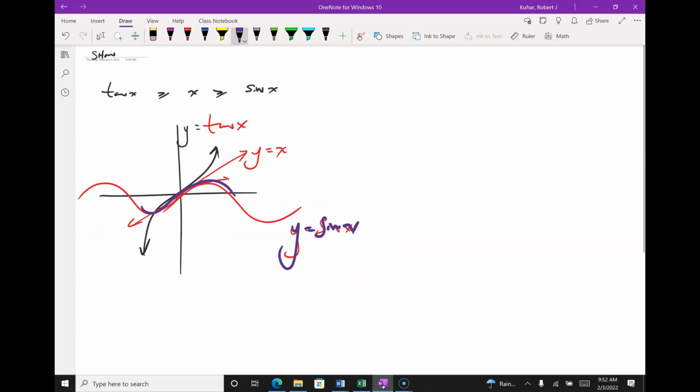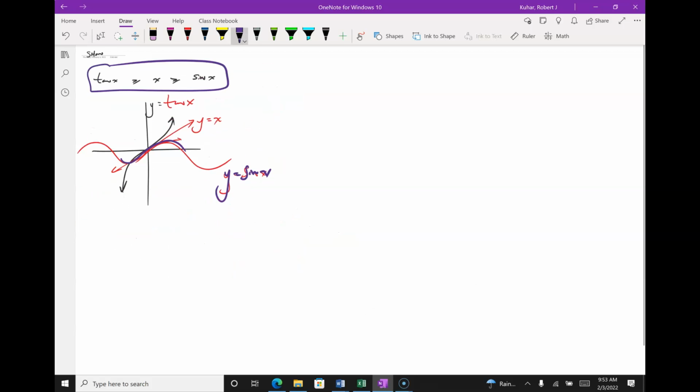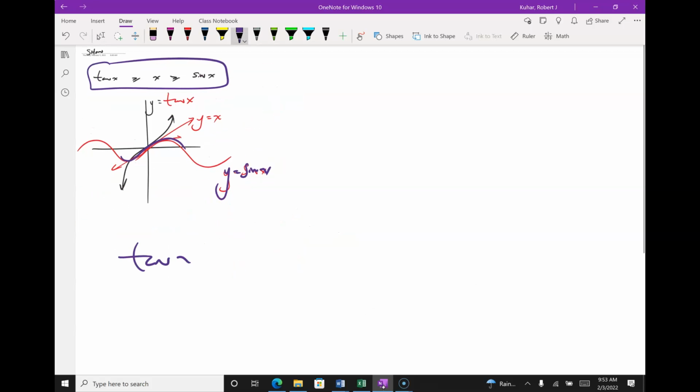So this is pretty clear, but it's not what I want. Remember what I'm trying to find the limit of. I'm trying to squeeze what function? The first thing I wrote today, sine of x over x. So anybody see anything I can do with this? I've got tan of x greater than or equal to x, greater than or equal to sine of x, as x goes to 0.